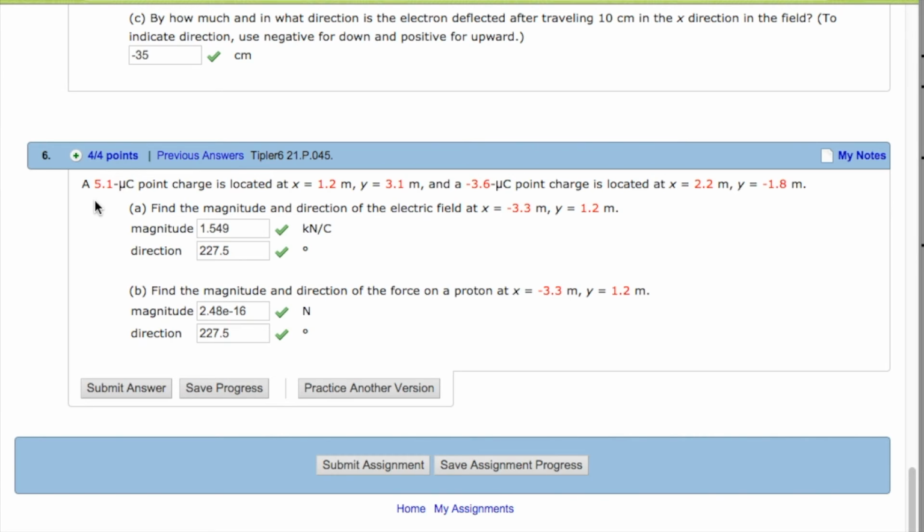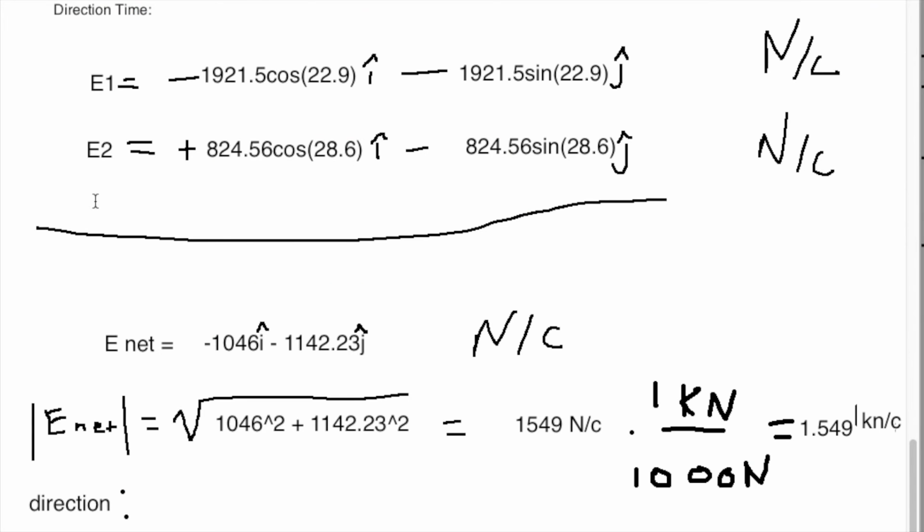Okay, so first I want to talk about the vocabulary term point charge. The electric field of a point charge. There are certain formulas which go along with this.